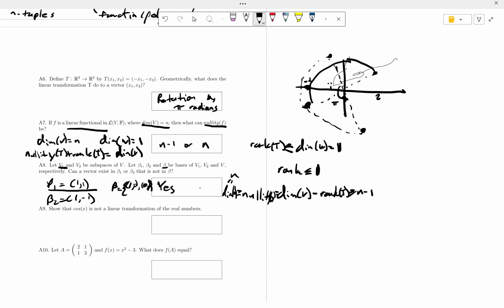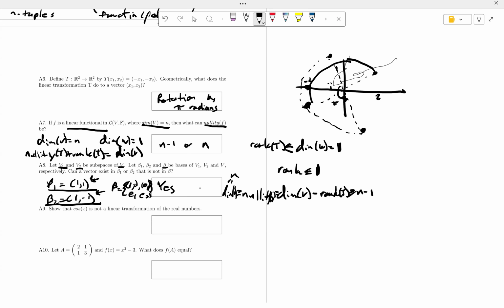The span of beta 2 being V2 satisfies that it's a subspace of V, and the standard basis e1, e2 is a basis for V, but this vector is not in beta, and this vector is not in beta. The idea is it's not unique. It'd be in the span of the vectors, but it's not in the set of vectors themselves.